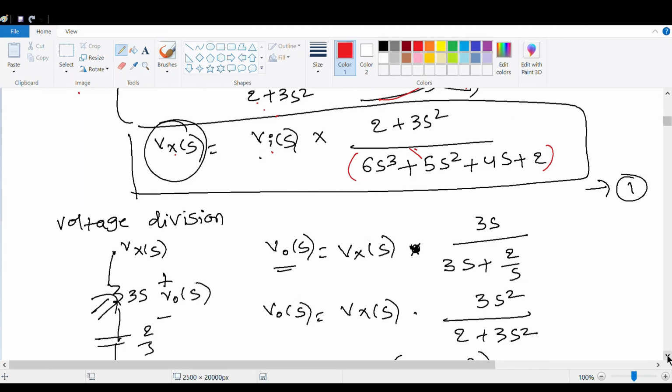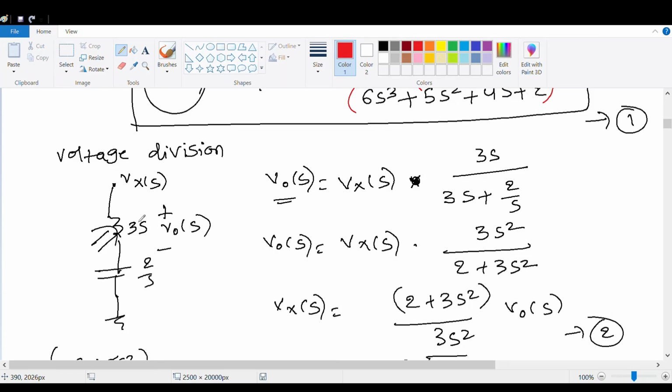After that, we have learned about voltage division. If two impedances are in series, the total voltage is Vx of s, but we need the voltage across this one, because the voltage across this one is V naught of s. Therefore, apply voltage division.